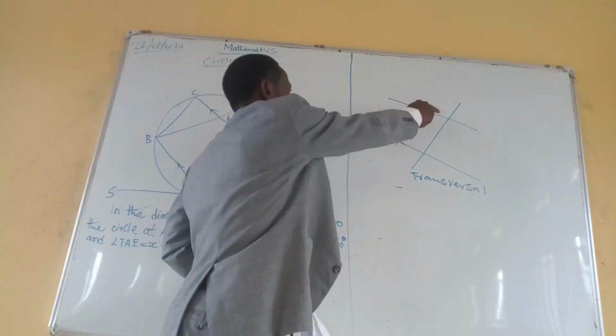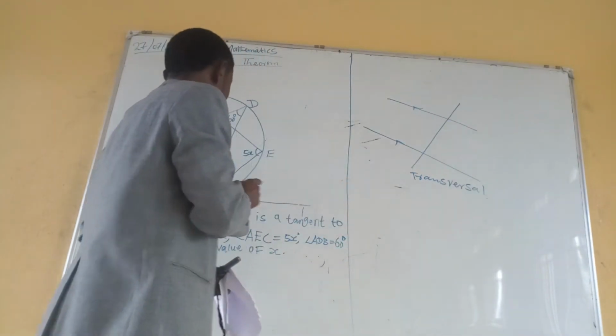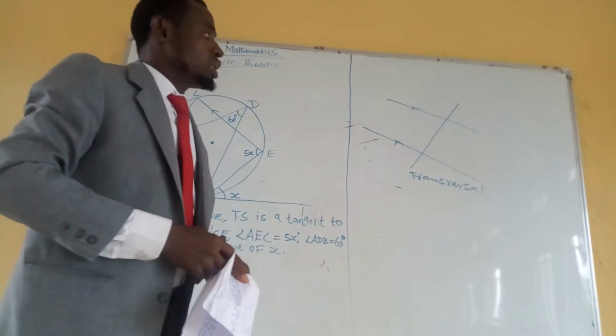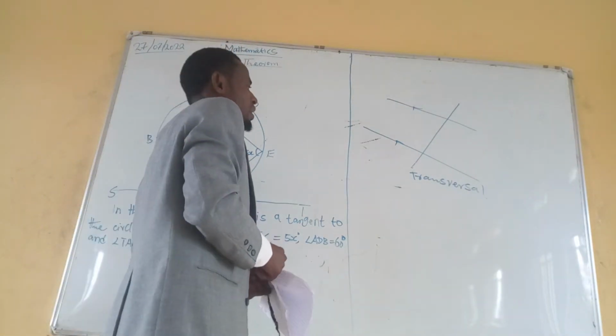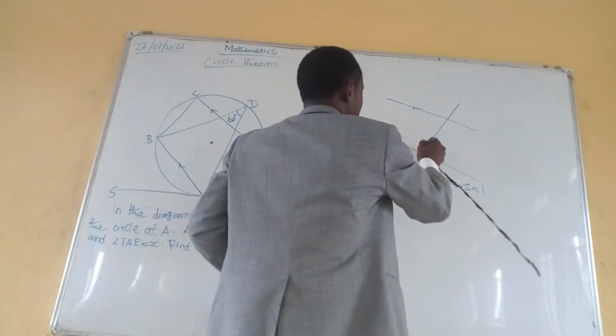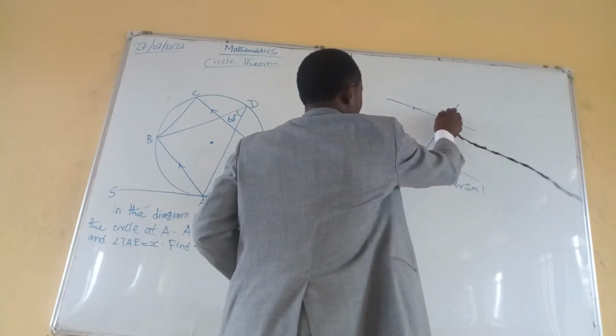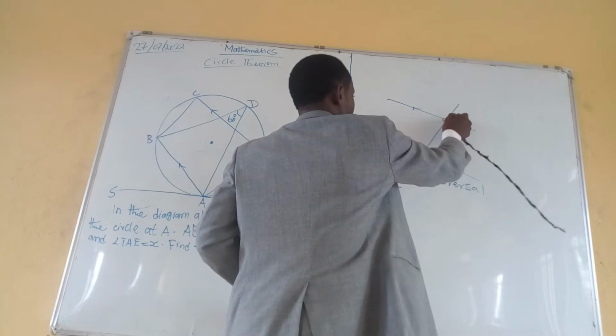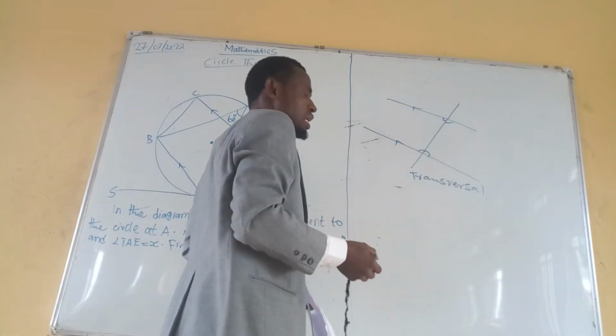If these two lines are parallel, this angle here and this angle here are called allied angles. Also, this and this are allied angles.